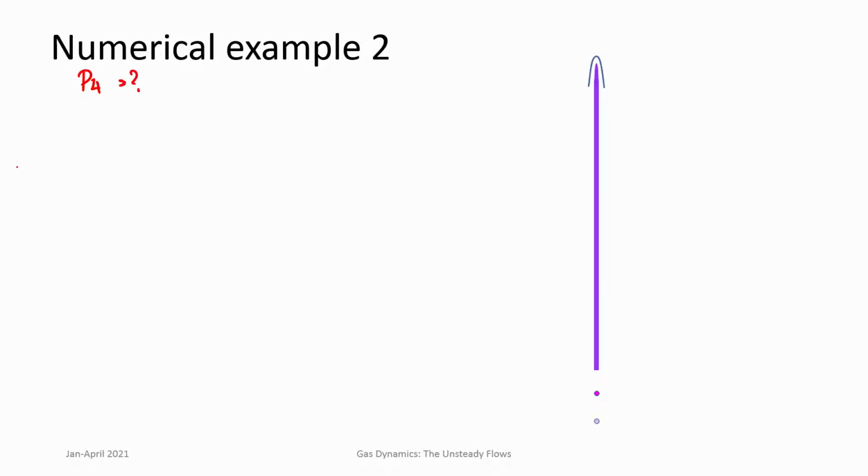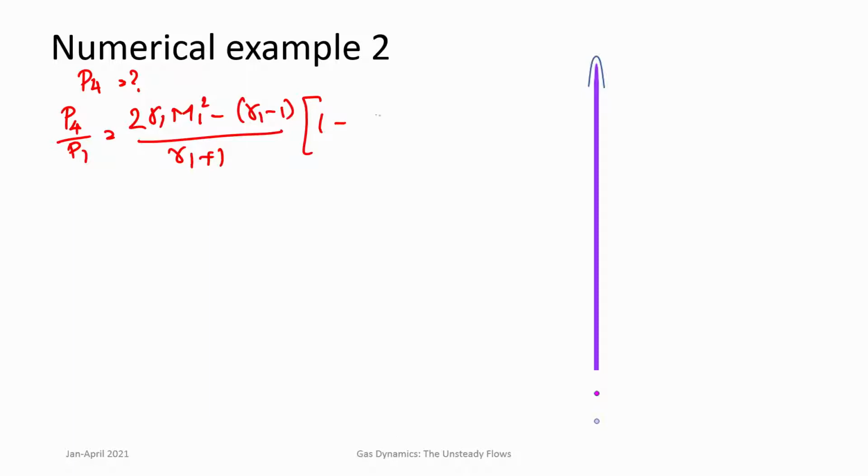So, directly you can apply the equation P4 by P1 equals 2 gamma 1 M1 square minus gamma 1 minus 1, by gamma 1 plus 1. So, this is direct, you can use the textbooks or you can use the notes.